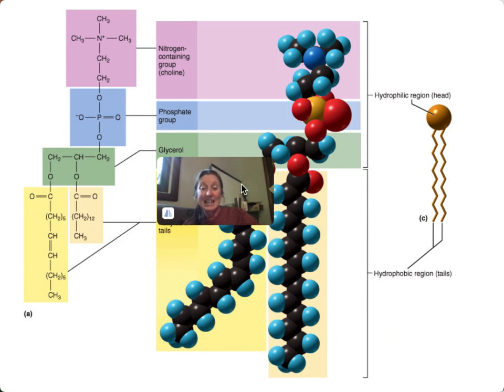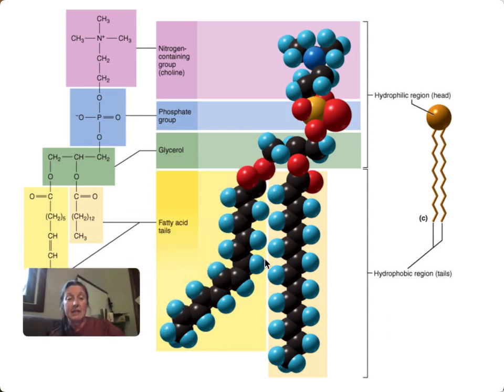Now, that gives this molecule this particular shape. It's got the phosphate group, the charged hydrophilic end here, and the hydrophobic fatty acid tails down here. This is an even simpler way to draw it, where this is the hydrophilic region, the water-loving region, and this is the hydrophobic region, the part that likes fats and hates water.